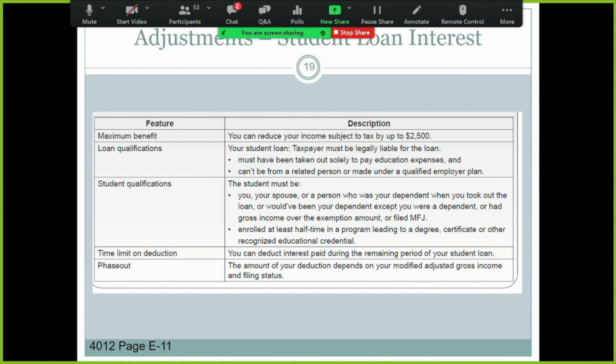And there is a phase-out amount. The amount of your deduction depends on your modified adjusted gross income and filing status. But no worries, TaxSlayer will take this into consideration once the information is input. And again, this information can be found in your 4012 on page E-11.